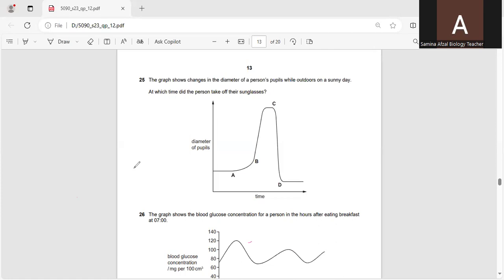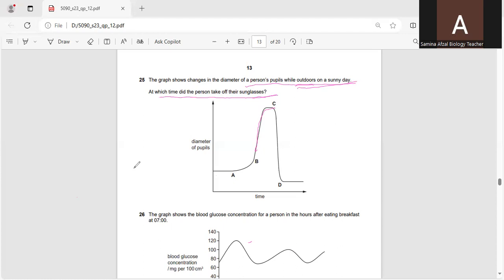At which time does the person take off their sunglasses, outdoors on a sunny day? The diameter at A is normal, then it increases at B, and at C it is very high, and then after C it decreases.